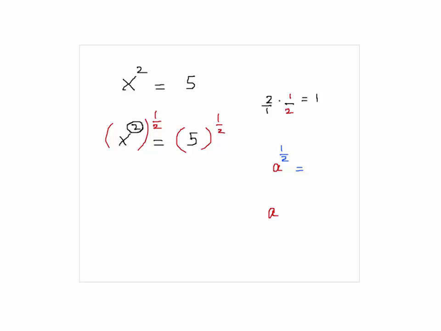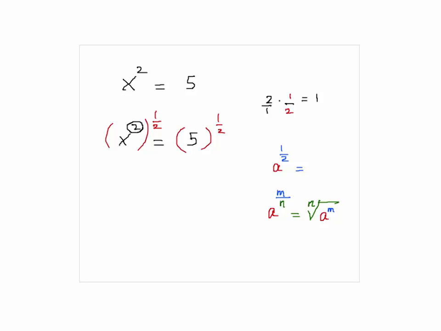Anybody remember that? As a matter of fact, if I have a to the power of m over n, that means this is the same as square root of a to the power of m, and then nth root of that.